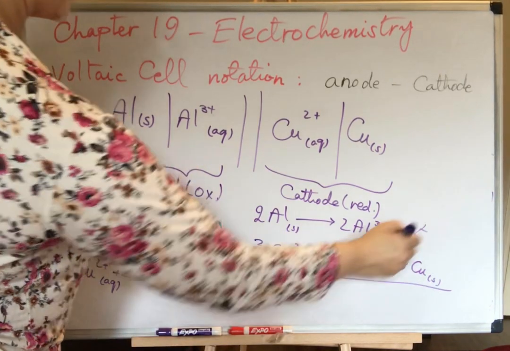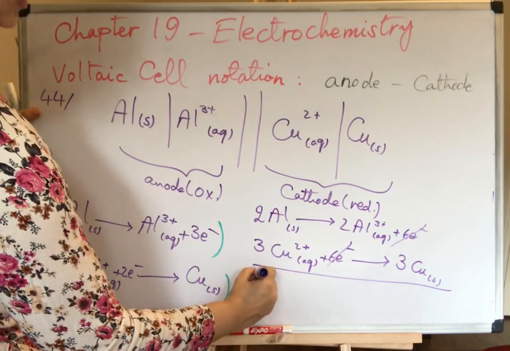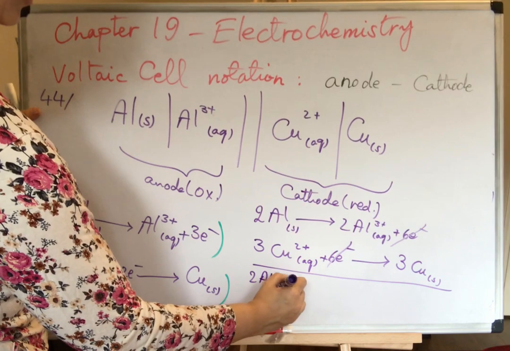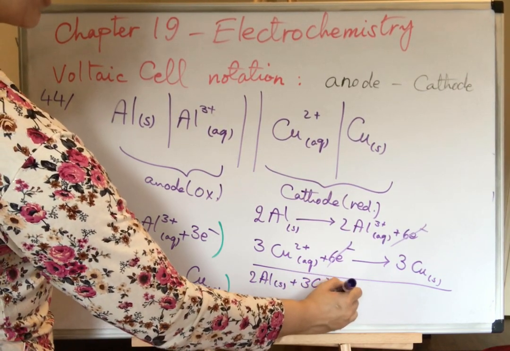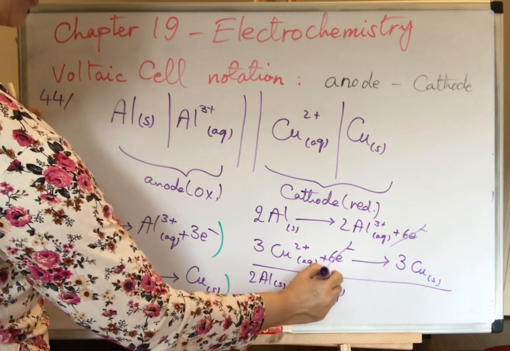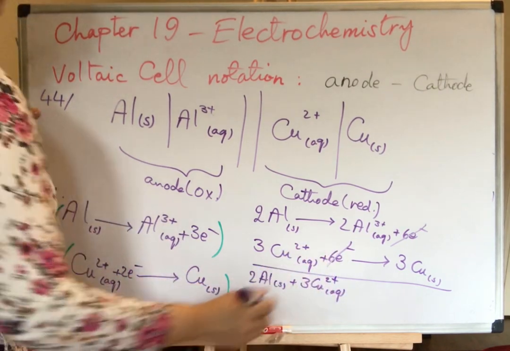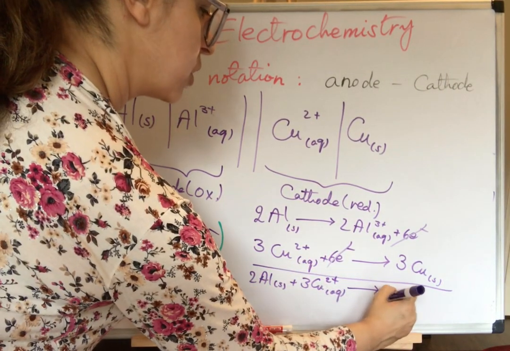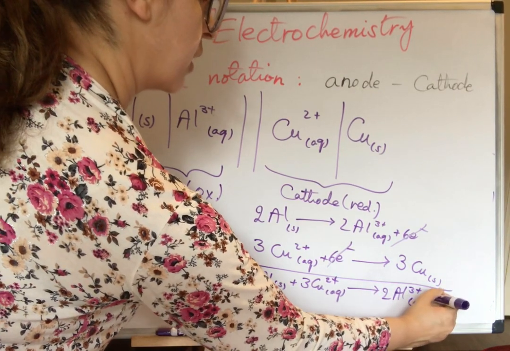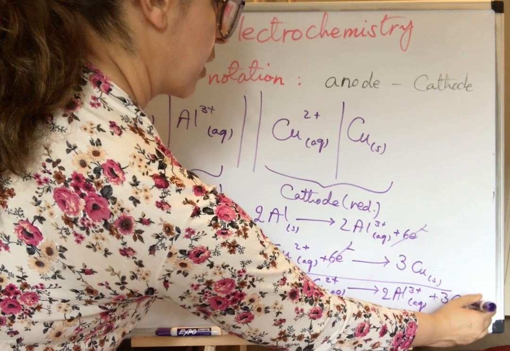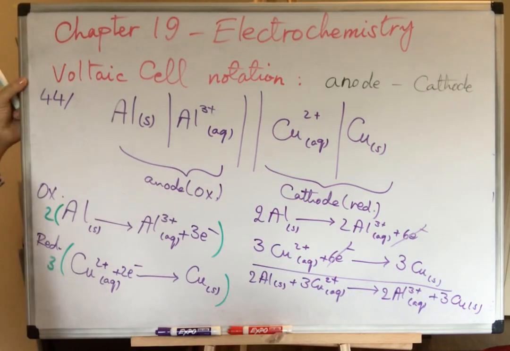Now you can add them and cancel the electrons. So 2 aluminum plus 3 copper ion gives 2 aluminum ion plus 3 copper metals. That's the final equation for that cell notation.